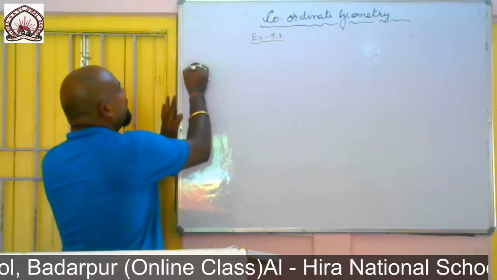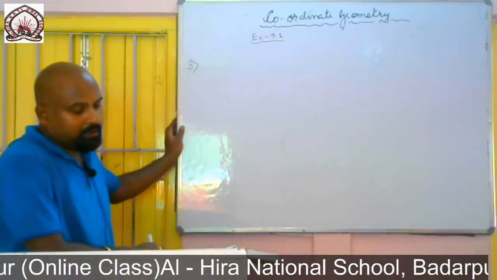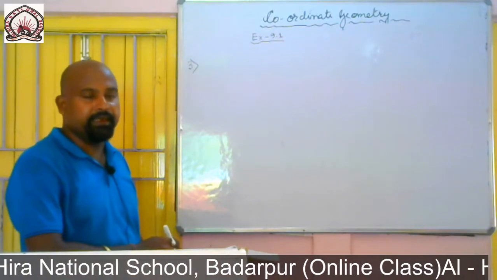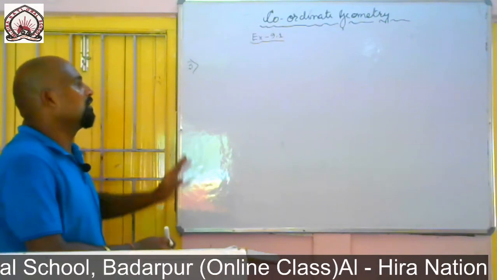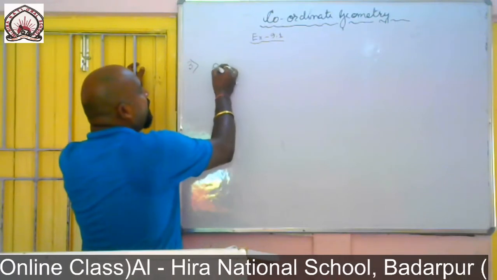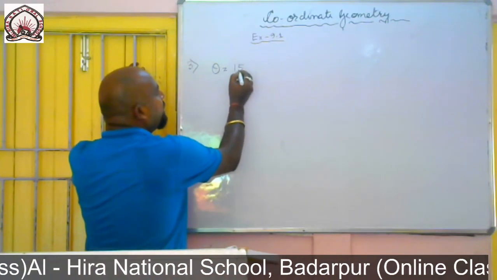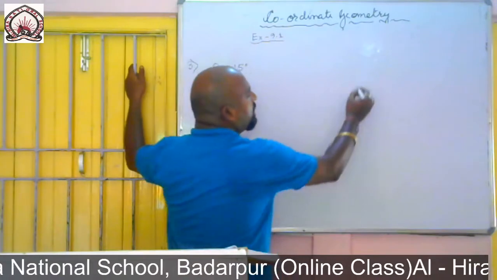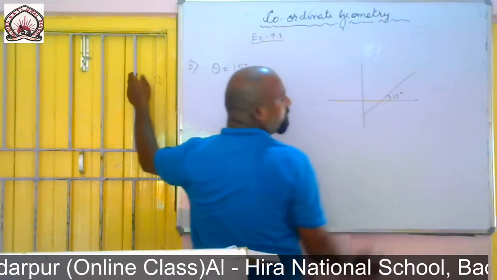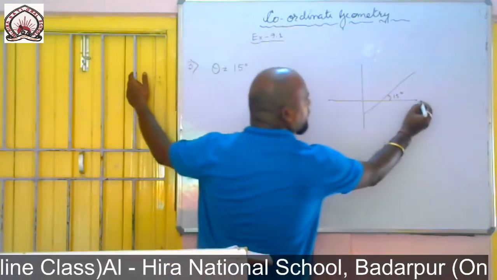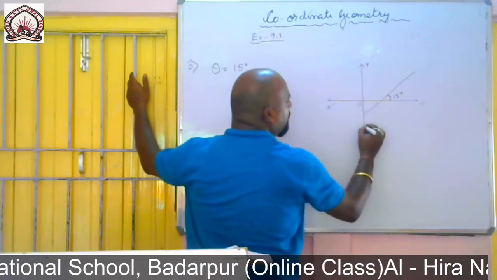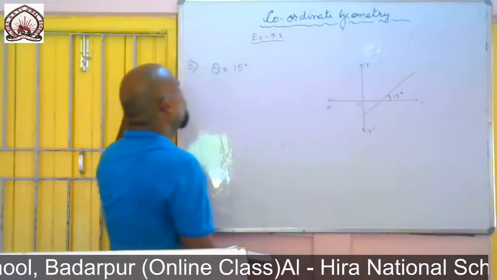Now question number 3. If the inclination of a line is 15 degree, find its gradient. The angle of inclination is given as 15 degree. Consider XOX dash and YOY dash.